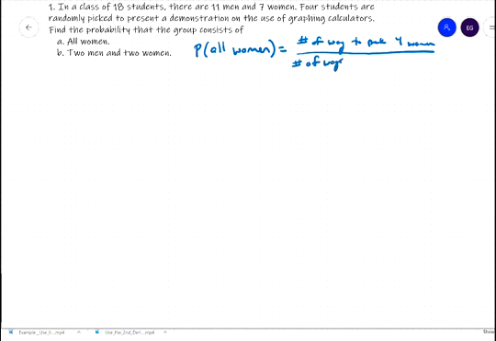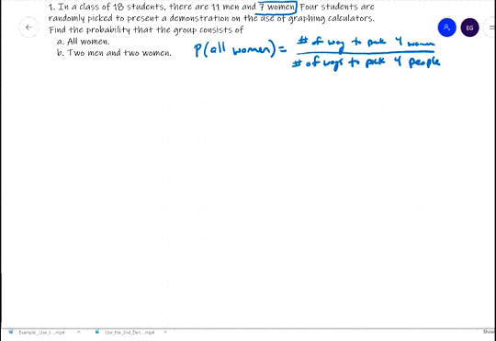So the number of ways our event could happen divided by the total number of possible outcomes of the procedure. Now, if we're looking at the number of ways to pick 4 women, there are 7 women, and we're choosing a group of 4 of them.